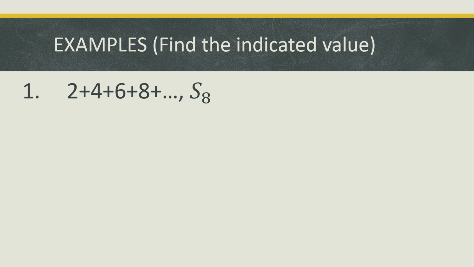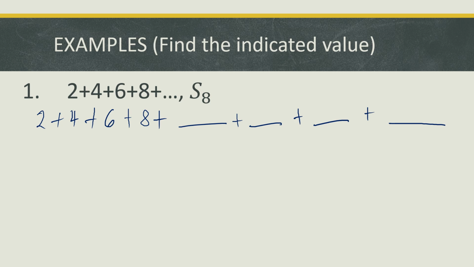So we have now 2 plus 4 plus 6 plus 8 plus the 5th term, the 6th term, the 7th term, and the 8th term. Basically, this is our a sub 8. What are a sub 5, a sub 6, and a sub 7? By the pattern itself, we have 2, 4, 6, 8, adding by 2, we have 10, 12, 14, and 16.